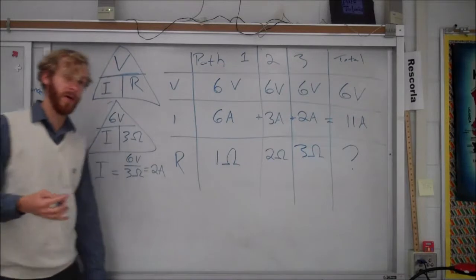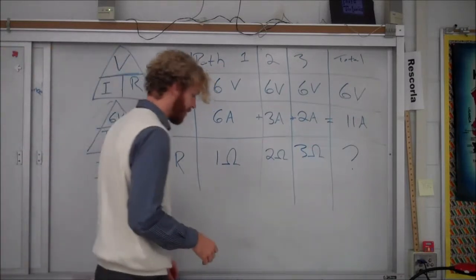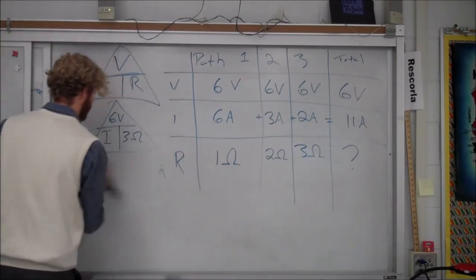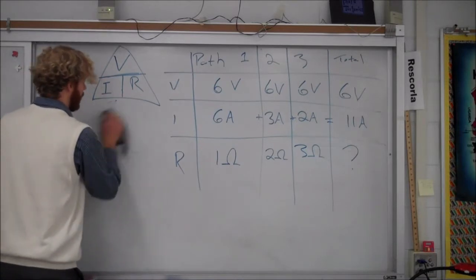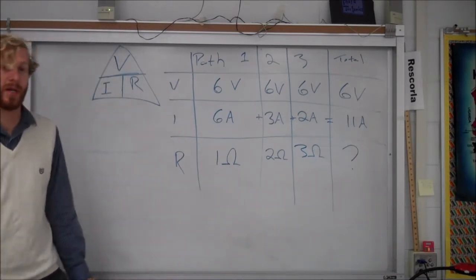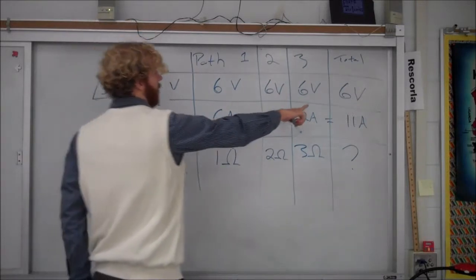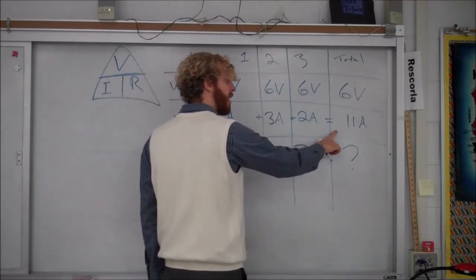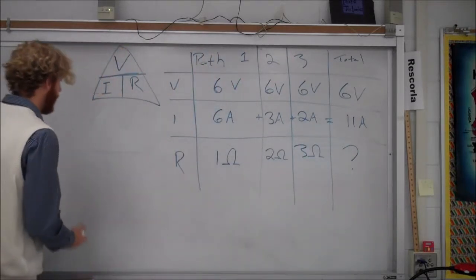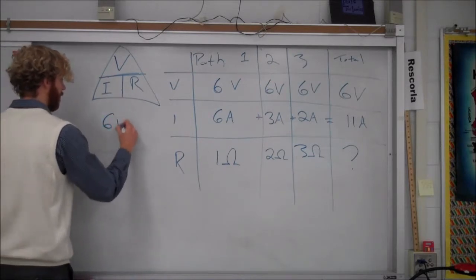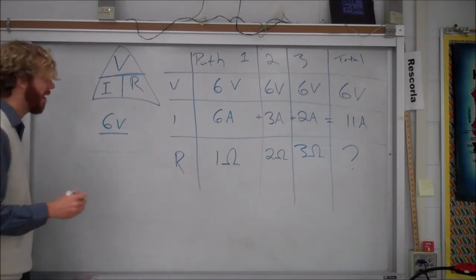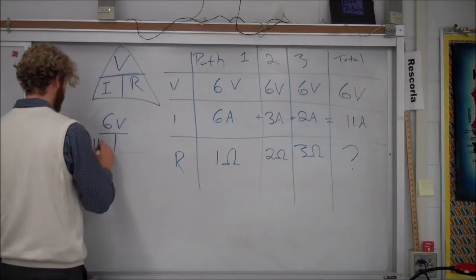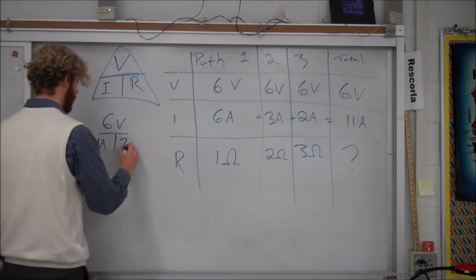So now we're at the final part of the problem. What is the total resistance for this circuit? So we're going to use the same triangle with our voltage, our potential difference being 6, our current being 11 amps, and our resistance is unknown. So we'll have 6 volts on top, and on the bottom we will have our I, which is 11, and our R is our unknown.